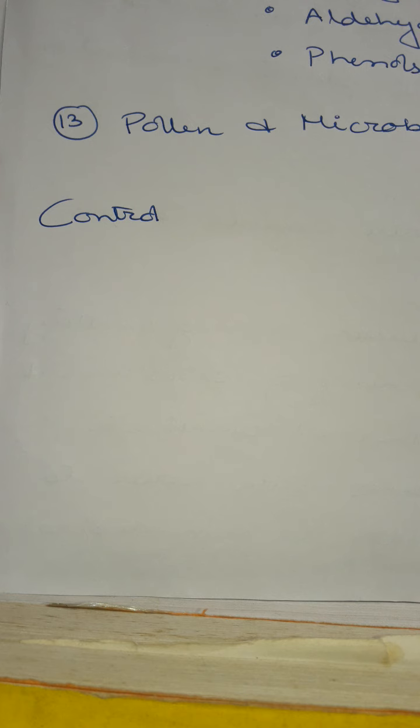Like in air pollution, what we have studied: what are the causes of air pollution, what are the different types of pollutants that are causing pollution, and what are the different control measures. So go through the books, everything is there very clearly. And if you still find any problem, then please let me know.